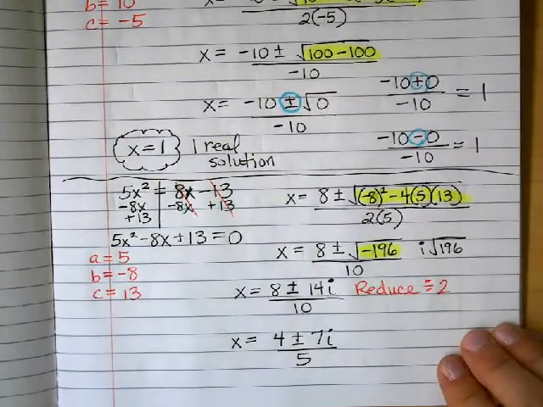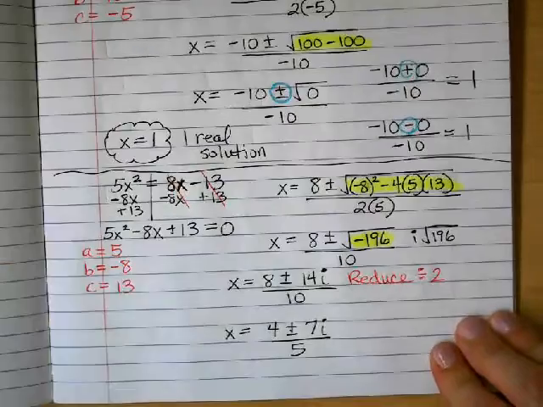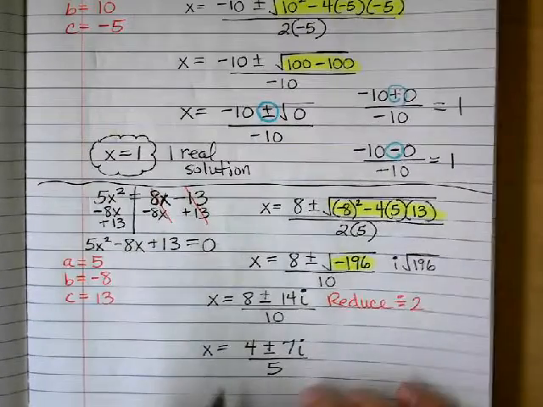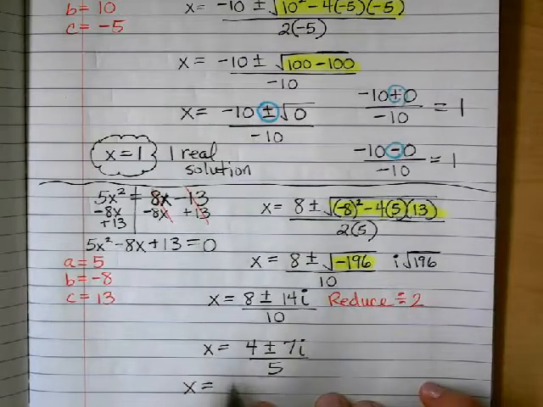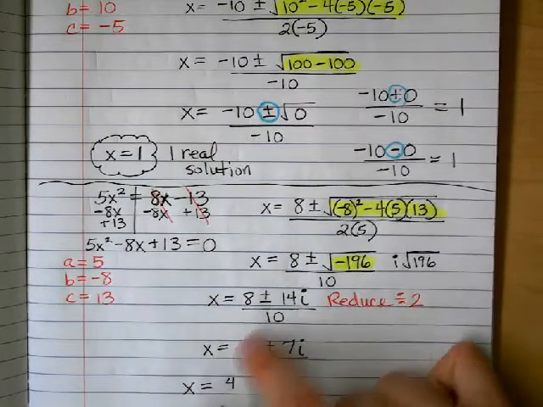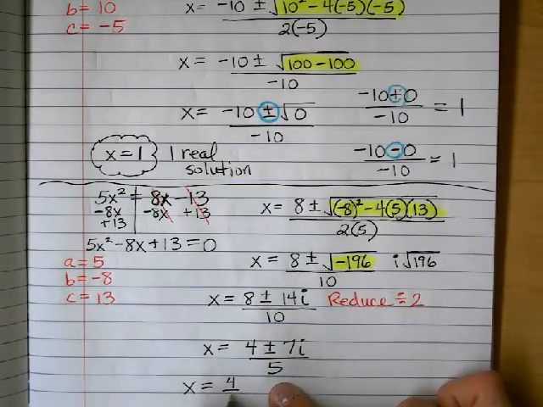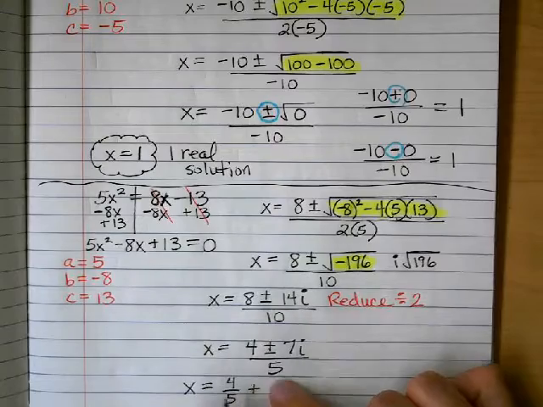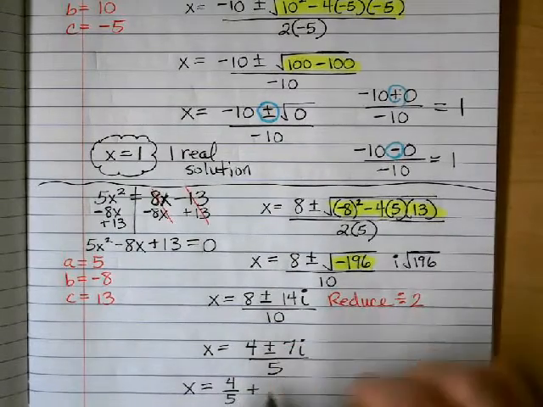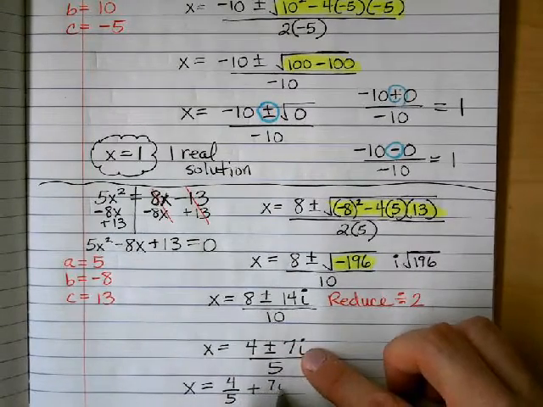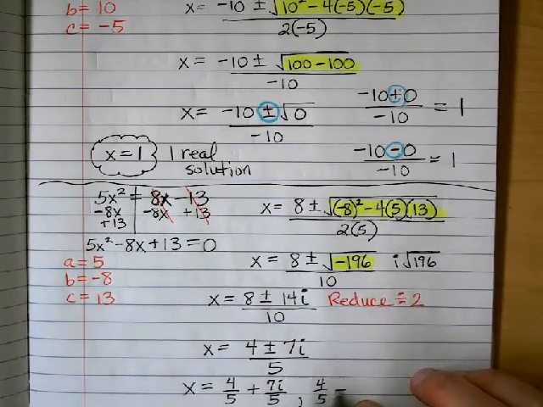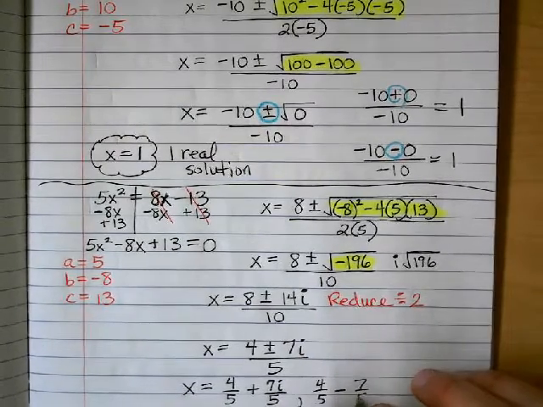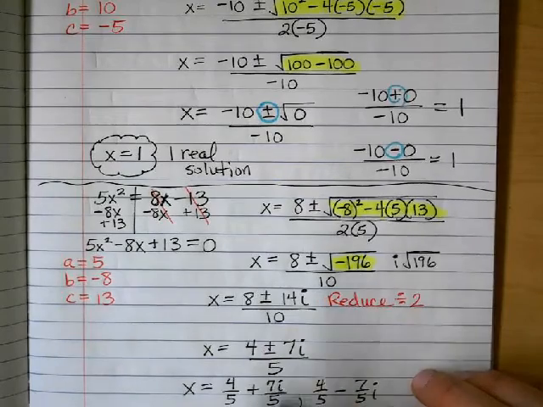And just so you know, you can even write it like it was 8 over 10, like I was saying, reduces to 4/5. Your answer is really like 4/5 plus 7I over 5. And the other answer is 4/5 minus 7/5 I. You can put the I. Oh, you can put these as fractions.